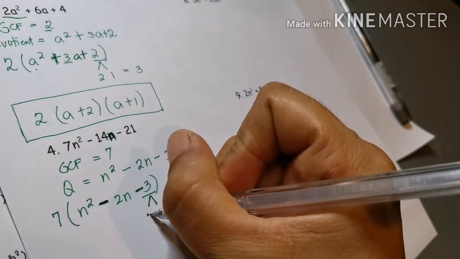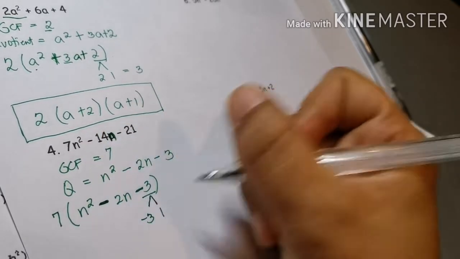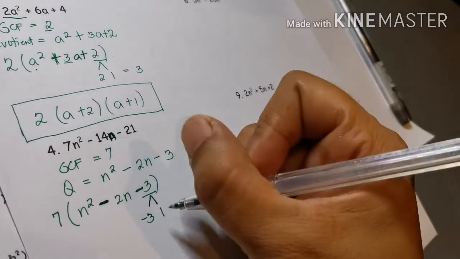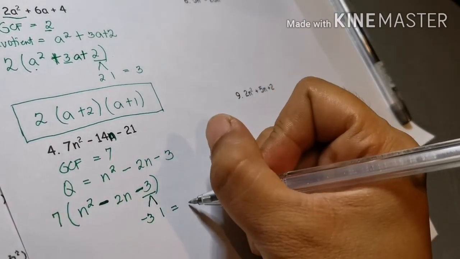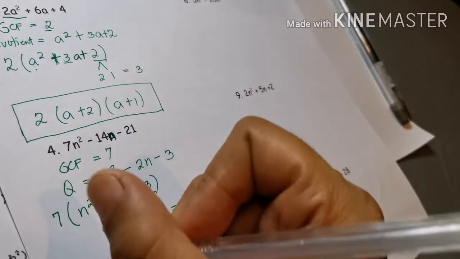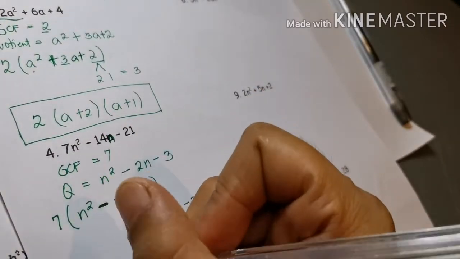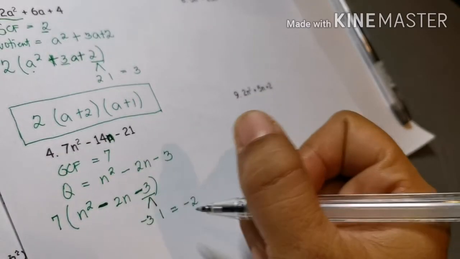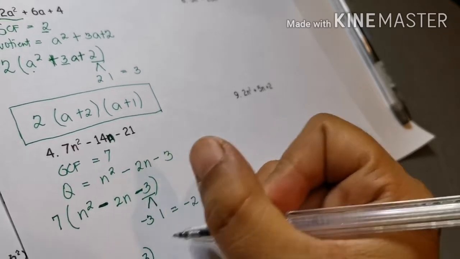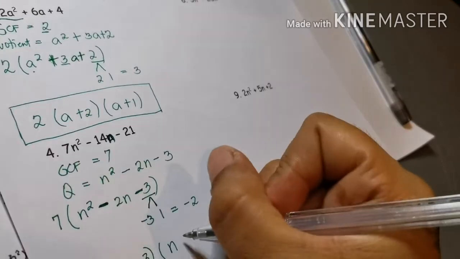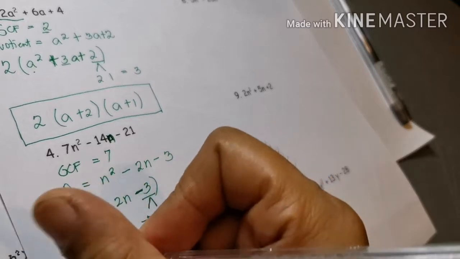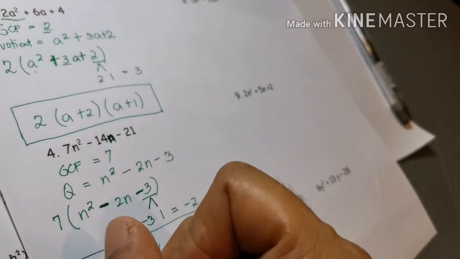So we have negative 3 and 1, because if you add that it is equal to negative 2. So we have the factors: our greatest common factor, n minus 3 times n plus 1. As easy as that.